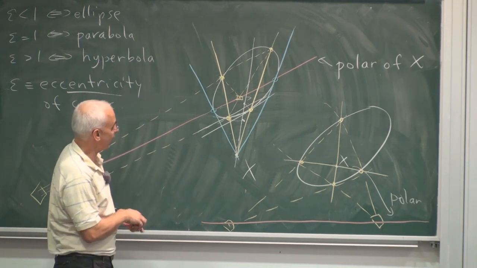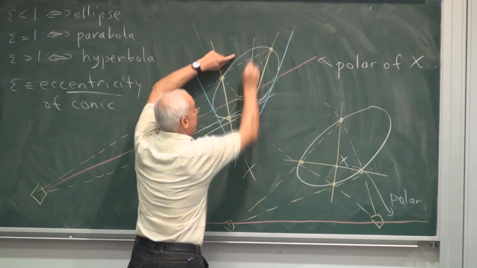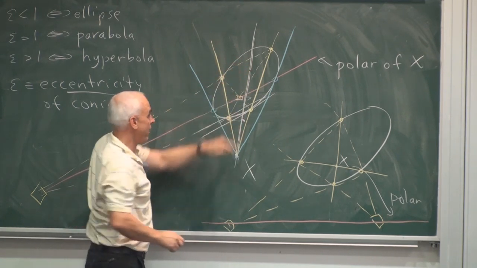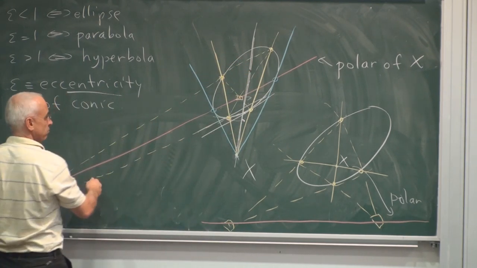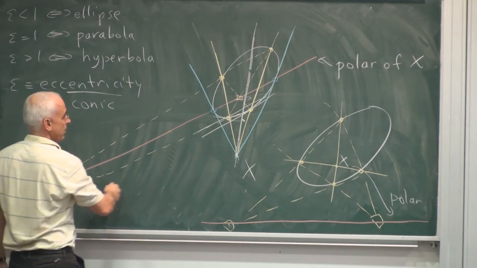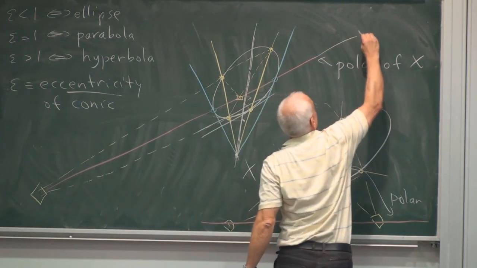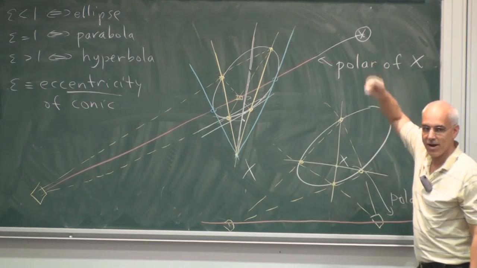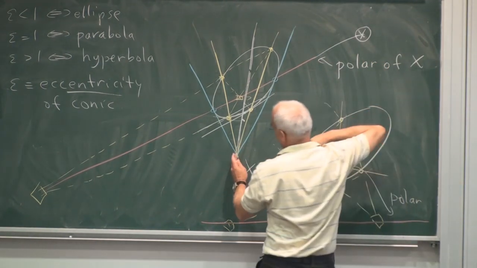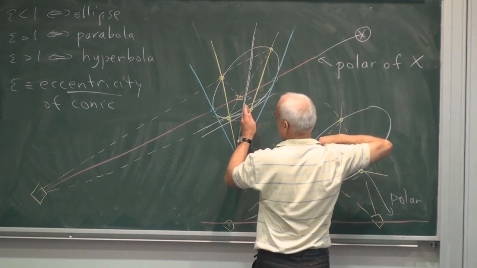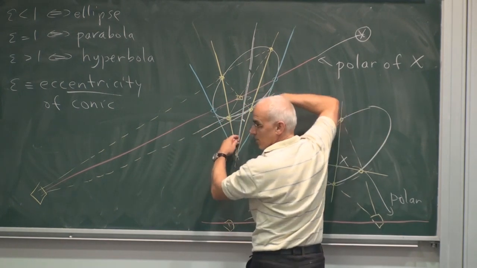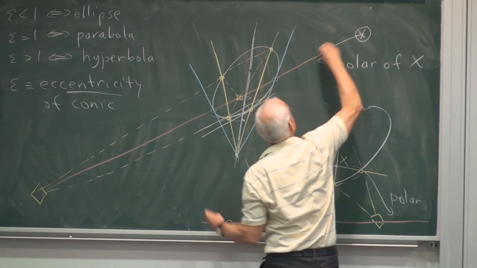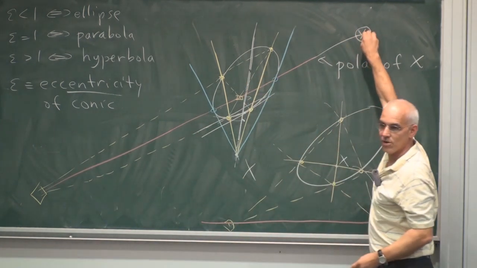He said, what happens is you need to compute the pole of the line that you're moving on. And it would be, let's say, for the sake of argument, out here. What ends up happening is that as this x moves along this line, all the polar lines of x rotate always through this point.